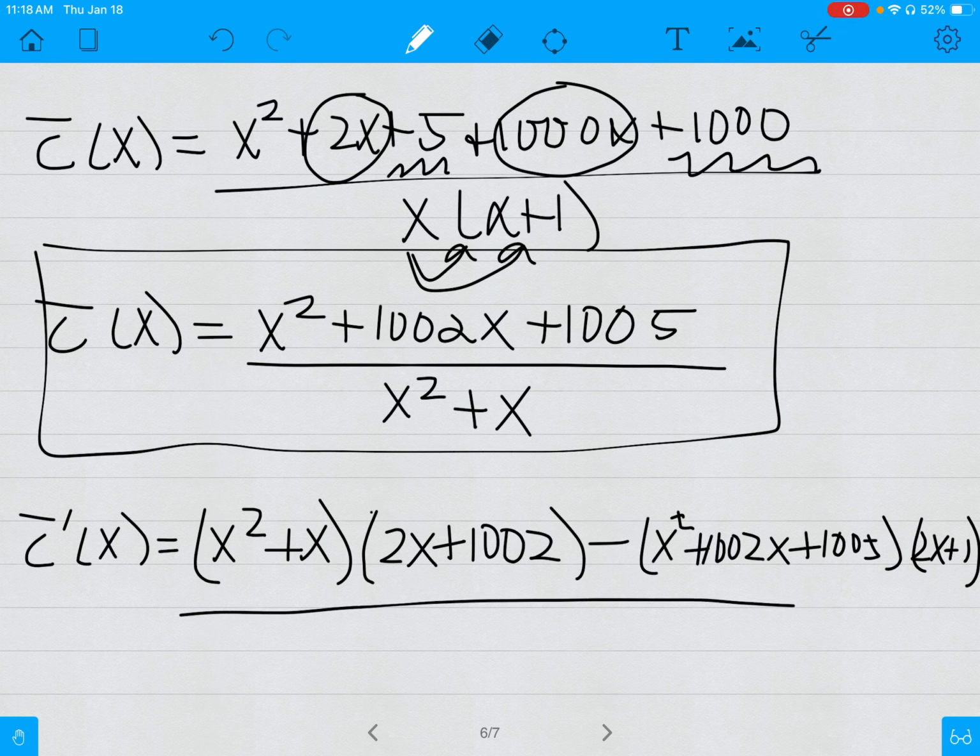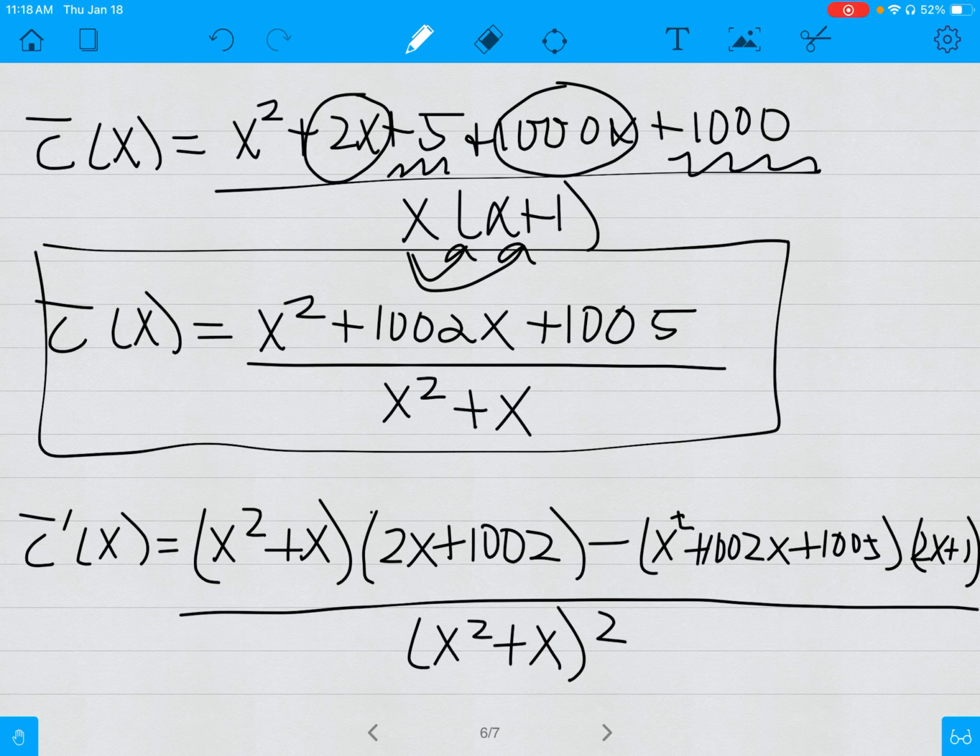And then all of that is going to be over the denominator function, x squared plus x, quantity squared. And again, at this point, you're just trying to get this as nice looking as you possibly can.